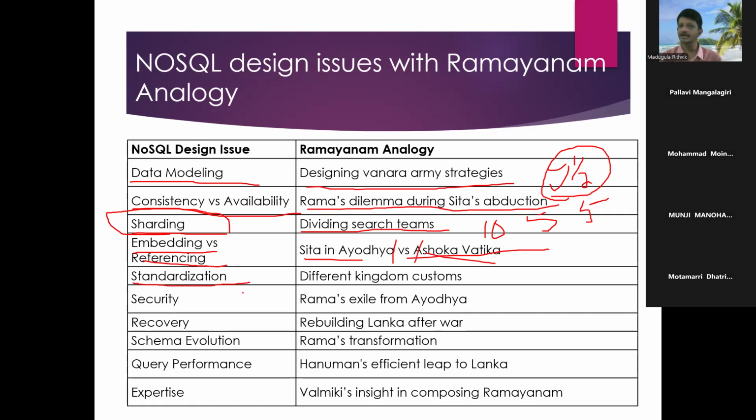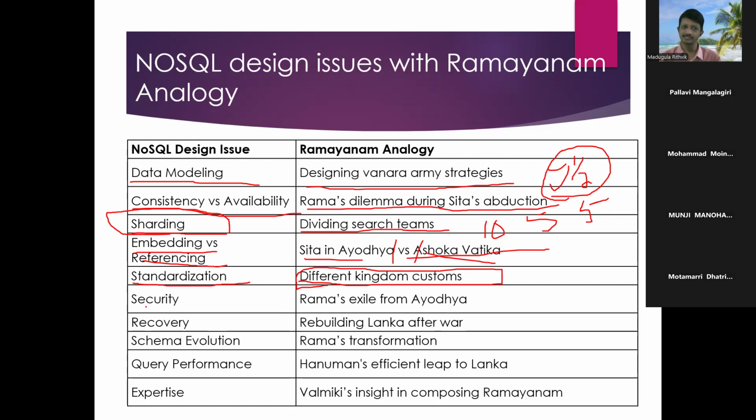Coming to standardization. When you come across the war field strategy of Rama, you will have different kings or kingdoms in the Vanara era. Various kingdoms are standardized, and based on that the war field strategy is customized.